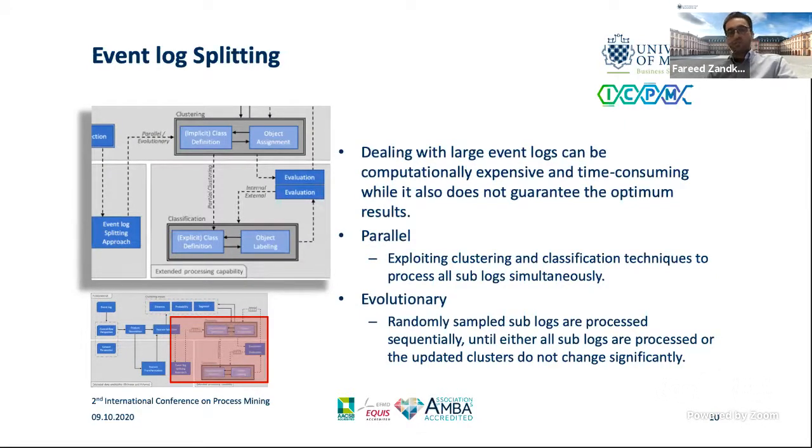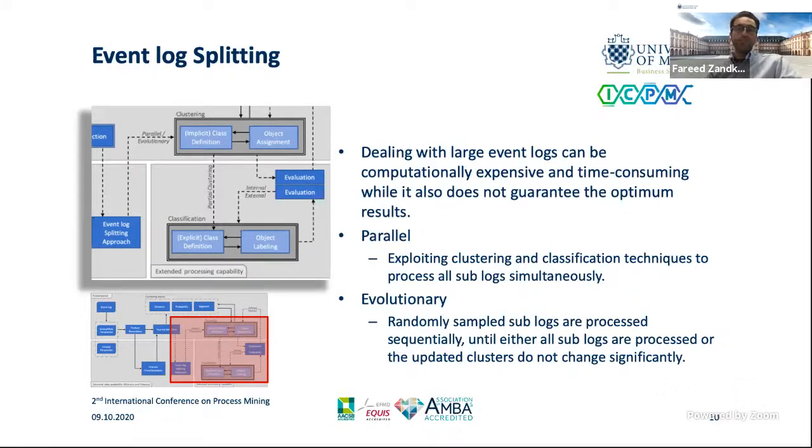Dealing with large event logs can be computationally expensive and time-consuming. Processing the whole event log, however, does not guarantee optimal results. Therefore, depending on the situation, it might make sense to pre-process the event log by splitting it prior to clustering.